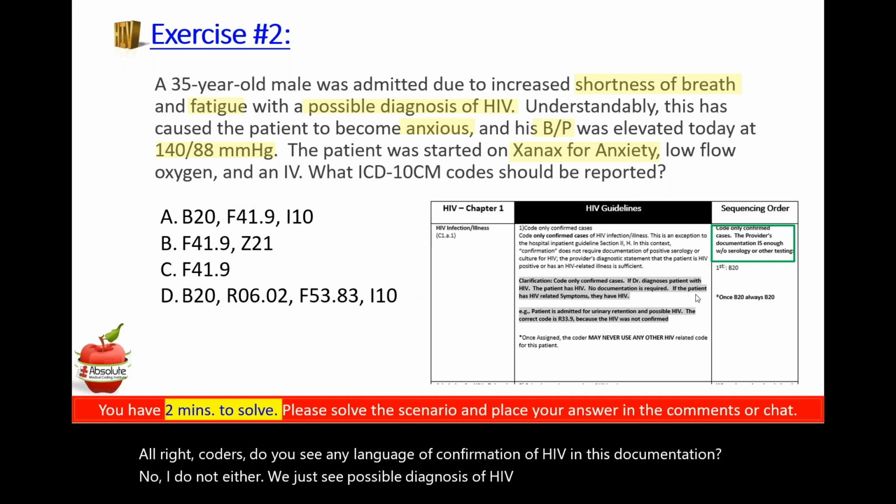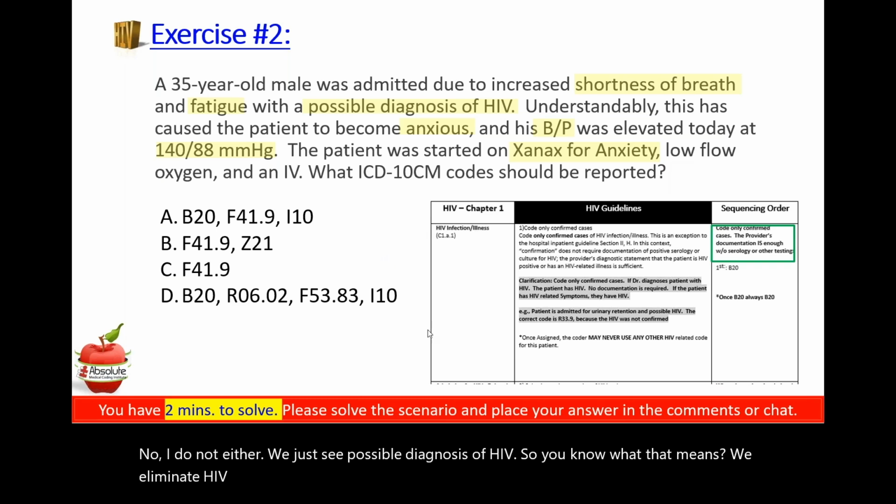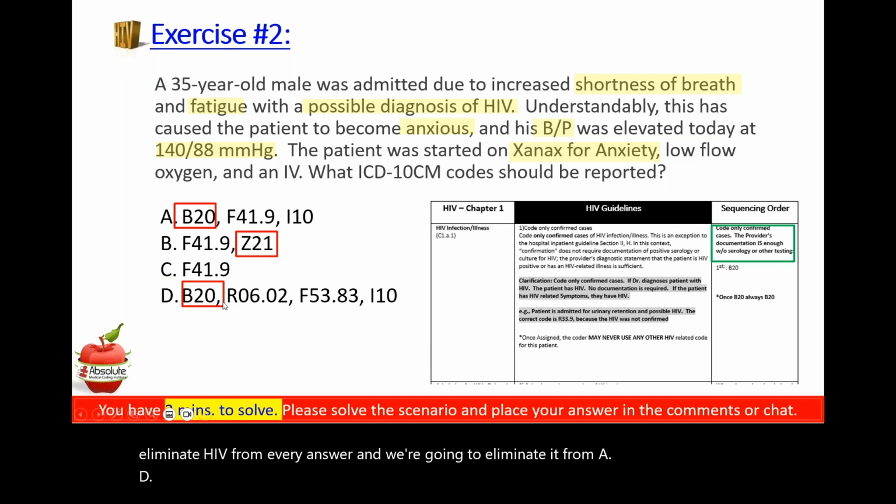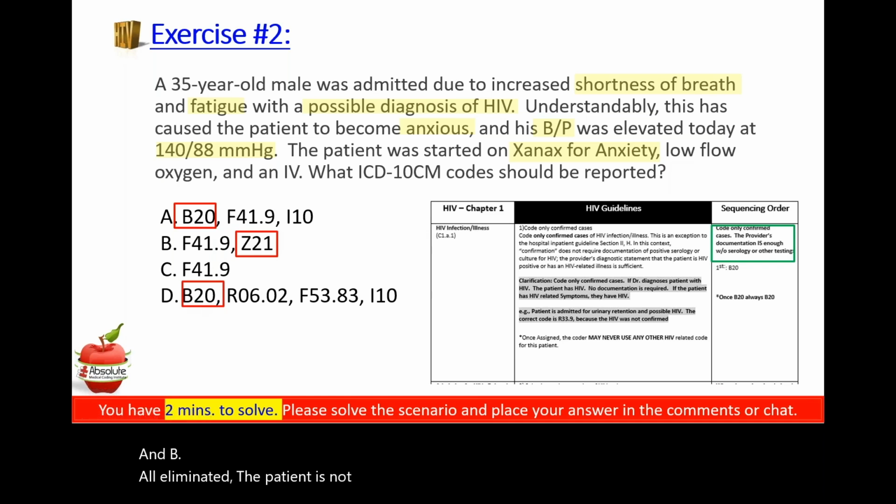So you know what that means? We eliminate HIV from every answer, and we're going to eliminate it from A, D, and B. All eliminated. The patient is not diagnosed. Are you with me?